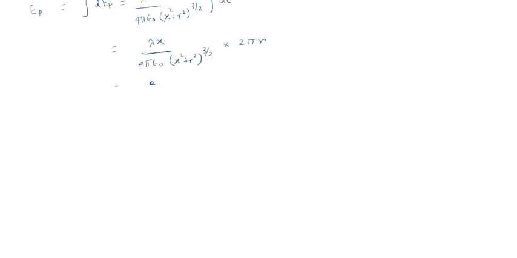So this will give us 2 pi lambda r multiplied by x divided by 4 pi epsilon naught, x square plus r square whole to the power 3 by 2.